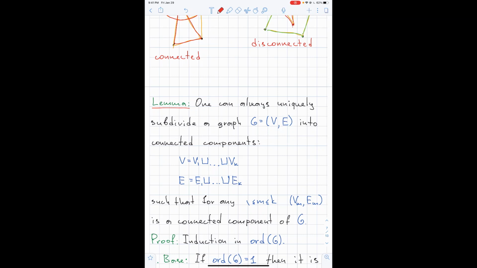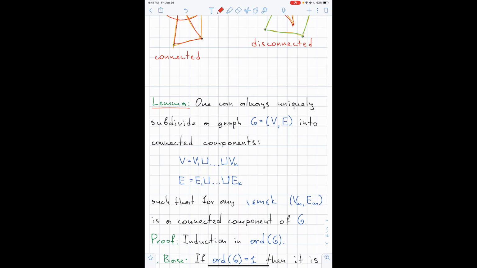More precisely, we can partition the vertex set into k parts, and partition the edge set into k parts, so that if you take V1, E1, that's a connected component, V2, E2 is a connected component, and so on. So we've got k connected components.